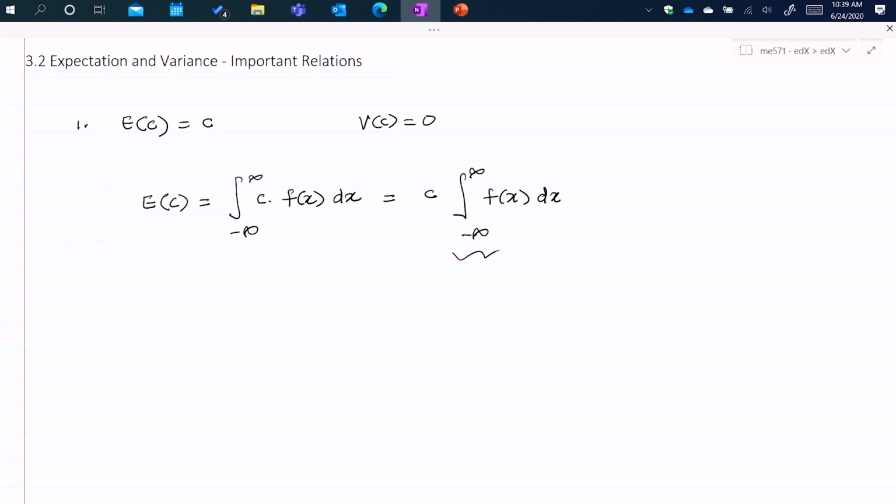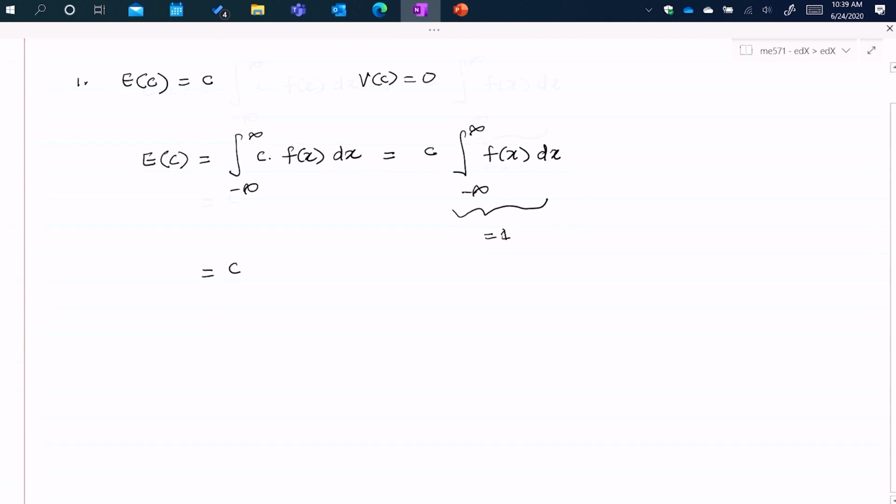And we know the integral of a PDF is equal to 1, because the probability of occurrence of x between minus infinity and plus infinity is 1. Therefore, the expected value of a constant is equal to the constant.